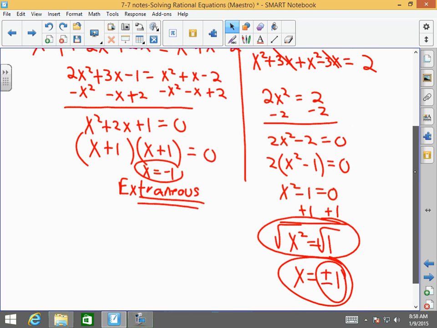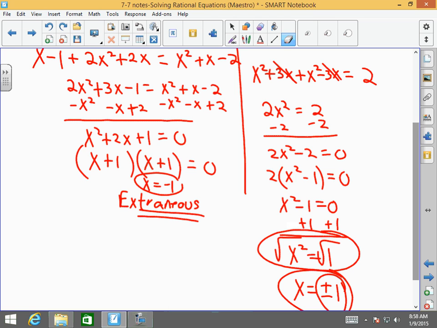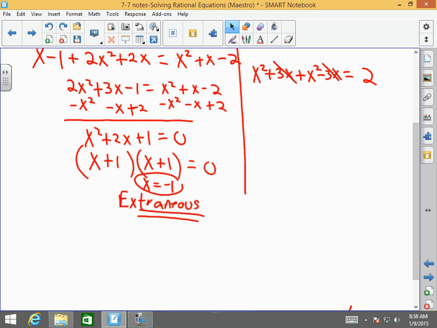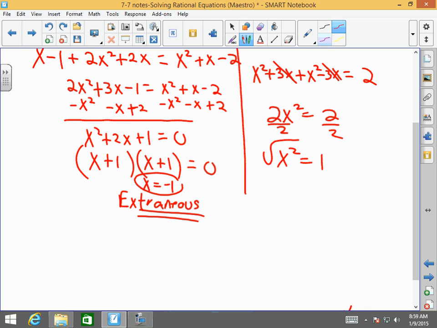If you want, guys, let's just go a different route. There's more than one way to skin this cat. Okay? I had 2x squared equals 2, right? Divide by 2. x squared equals 1. How do I get rid of a power of 2? Square rooting it. x will equal plus or minus 1.